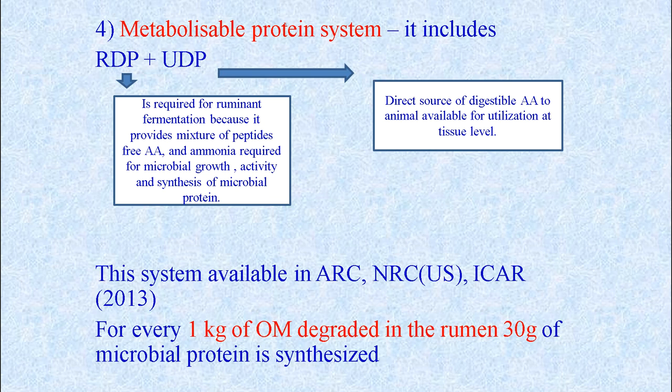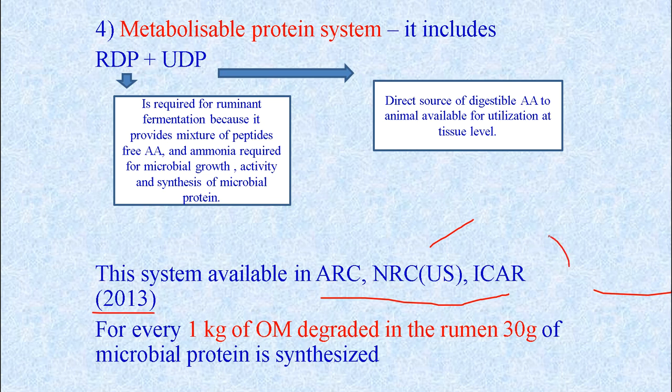Then the UDP is a direct source of digestible amino acids to the animal, available for utilization at the tissue level. So this system is available in a lot of varieties. You might have heard yesterday the types of systems: ARC, NRC, of course, which is from the US, and the ICAR system, especially the 2000 system.